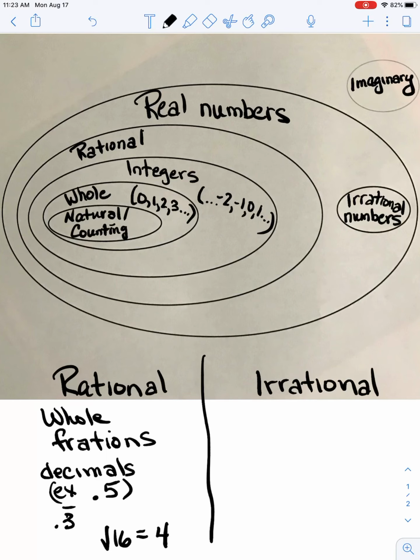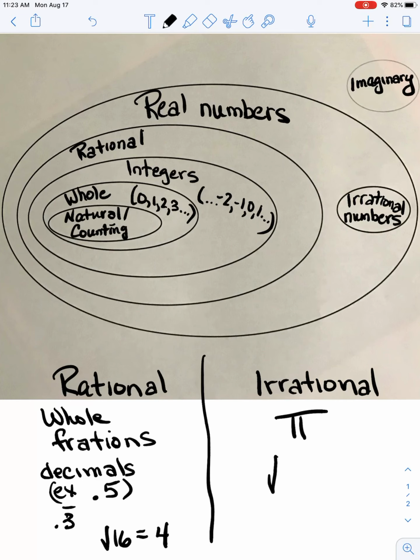What about irrational numbers? Irrational numbers, they don't make any sense right away to us, okay? Because we can't express them as a fraction. We can't express them as a decimal that repeats or that ends, okay? So something like pi, because pi, when we represent it as a decimal, does not end, does not repeat.